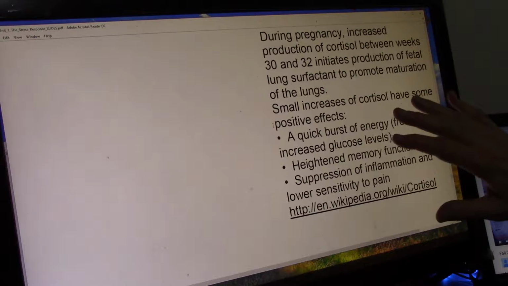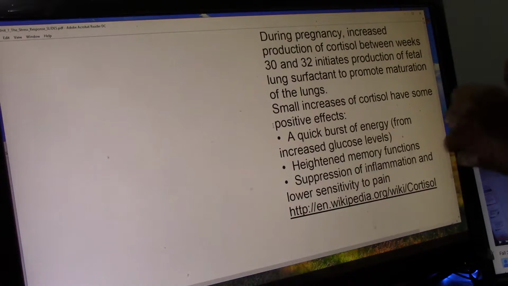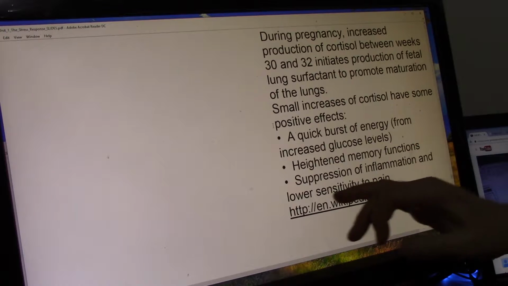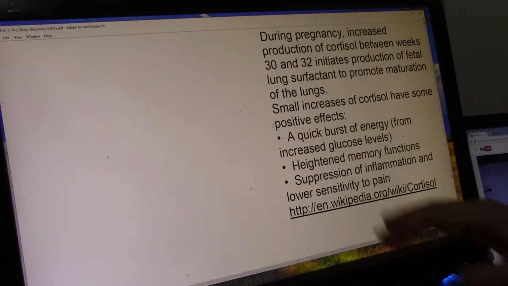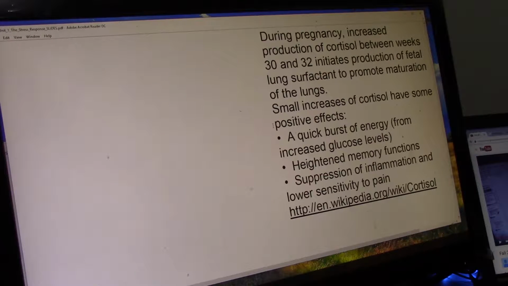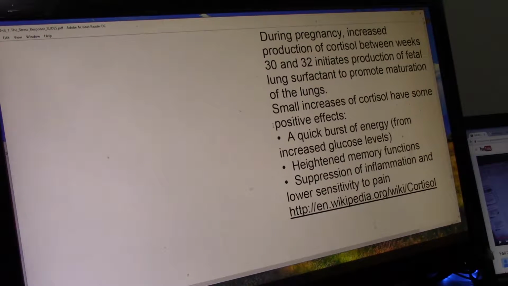And small amounts of cortisol are very beneficial to us. It gives us quick energy. It stimulates our memory, and it will give us lower sensitivity to pain. And that's why we use a corticosteroid cream, for example, if you have an inflammation on your hand, to decrease that inflammation and decrease the pain.